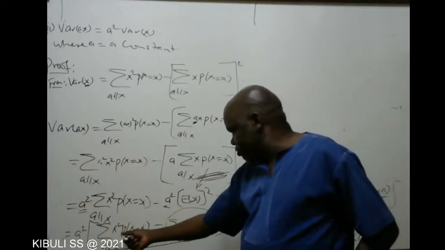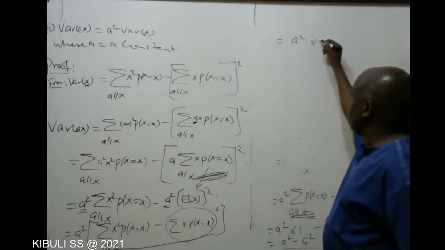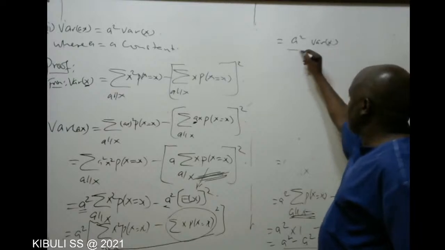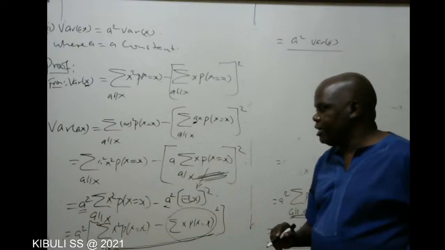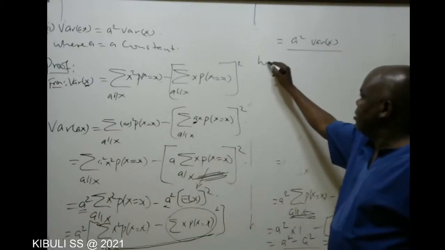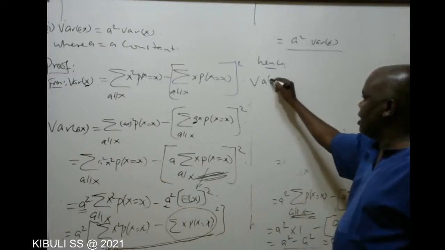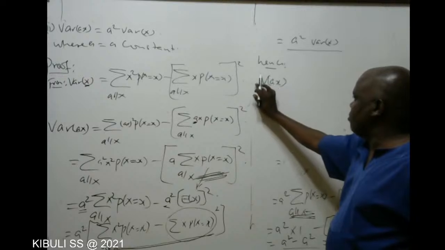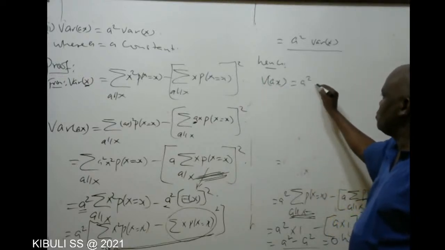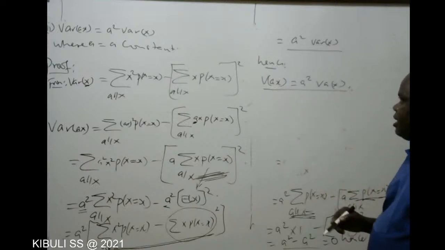So, as a student, you can now see and say it's equal to A squared variance of X. Why? Because this is the variance of X, which we've done from there. Hence, we can conclude and say the variance of AX, even if you just wrote it like this, V of AX is equal to A squared variance of X. Have that in your mind.